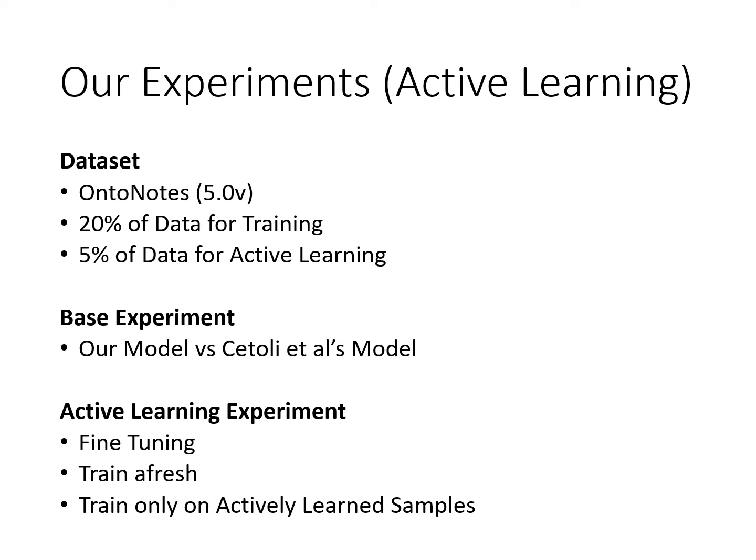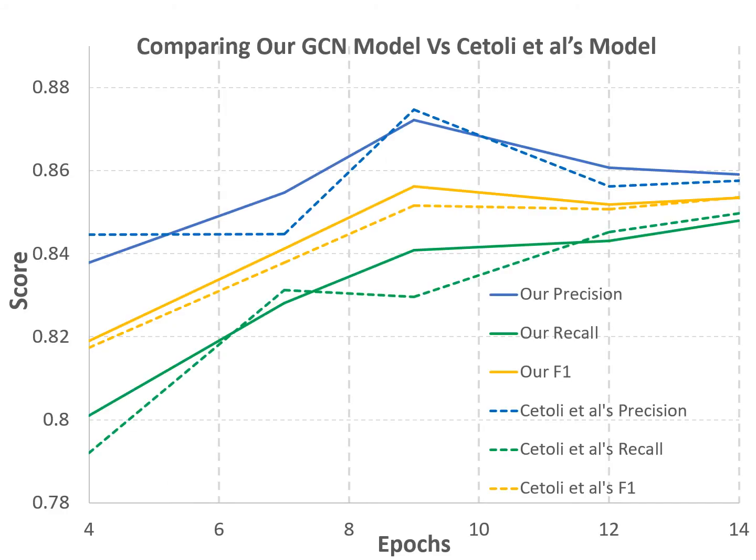In this slide, we show results comparing our change in the GCN model. The solid lines represent our changed model, and the dashed line represents the previous model. The blue is for the precision curve, the green is for the recall curve, and the orange is for the F1 score.